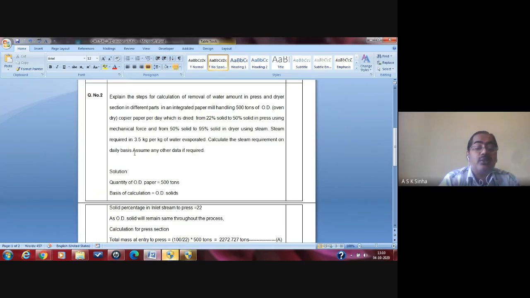The steam required is given as 3.5 kg per kg of water evaporated. Calculate the steam requirement on a daily basis and assume any other parameter if required.